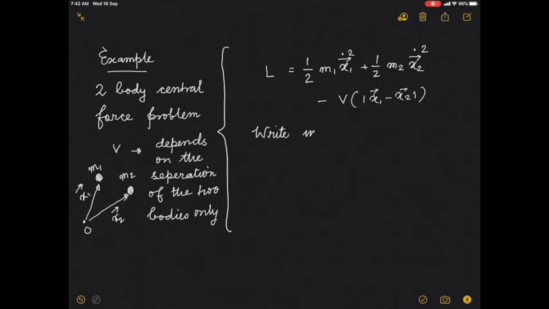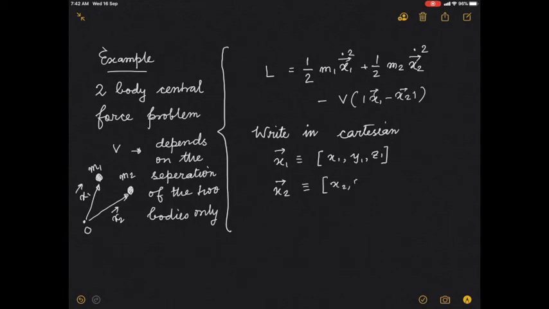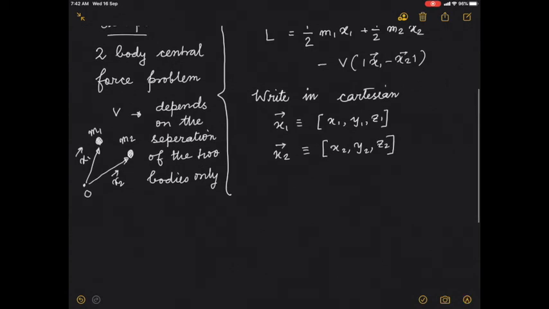So now, if I want to write this in, say, the Cartesian system, then my x1 is given by the three Cartesian components x1, y1 and z1, and x2 is given by three Cartesian components x2, y2 and z2.